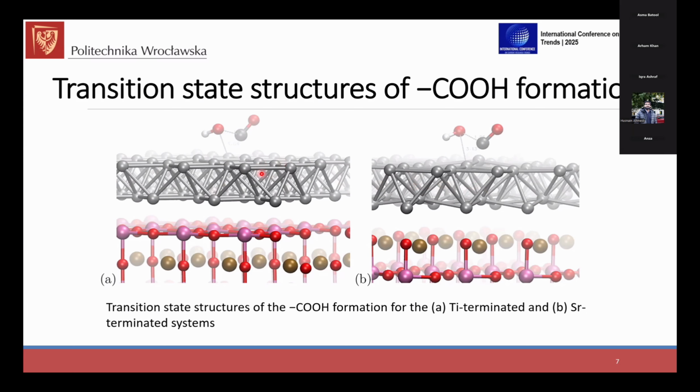And this figure is a visual demonstration that the TiO2 terminating facilitates the carbon-oxygen bonding formation, while the SrO terminating kinetically hinders it, and its overall potential is observed for the SrO supported catalyst.